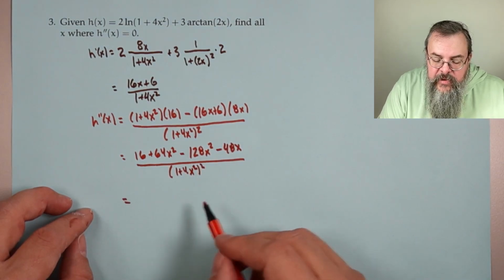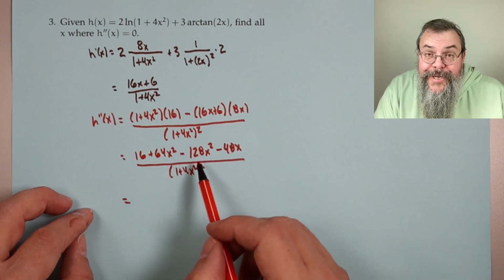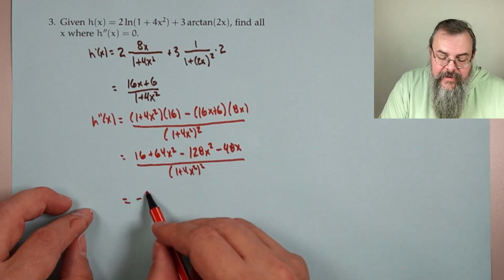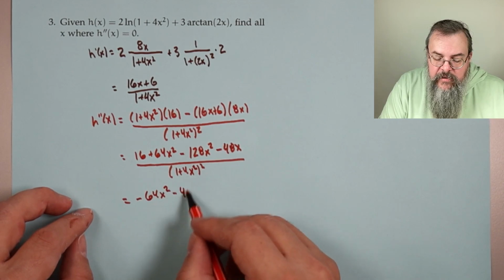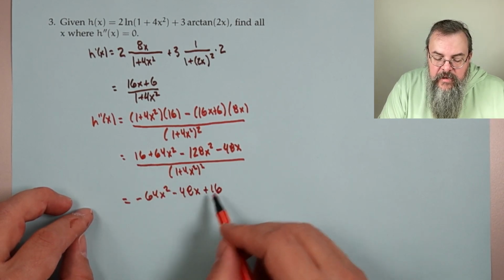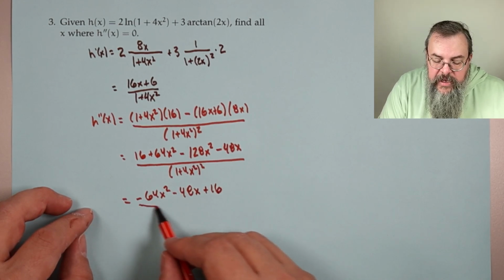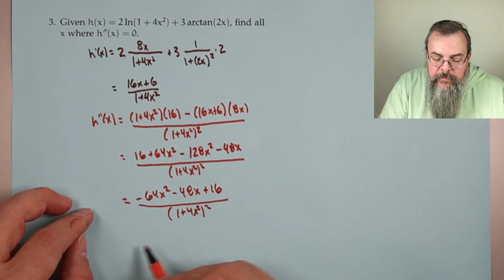We're getting close. Let's group 64x squared minus 128x squared. That's negative 64x squared minus 48x. Great. Plus 16. And all of that over 1 plus 4x squared, squared.